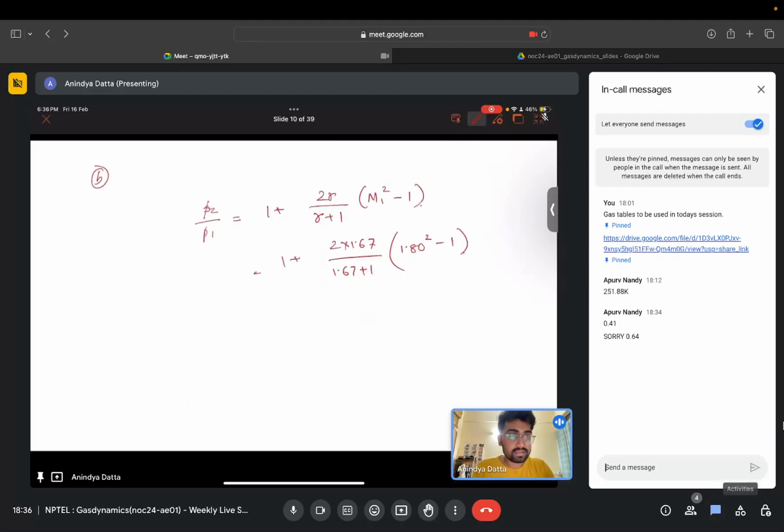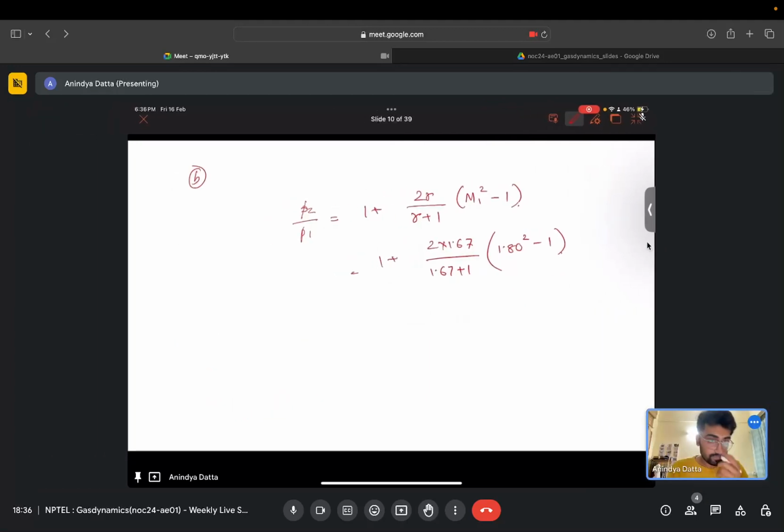All right, so next is the ratio of P2 to P1. What is this value?